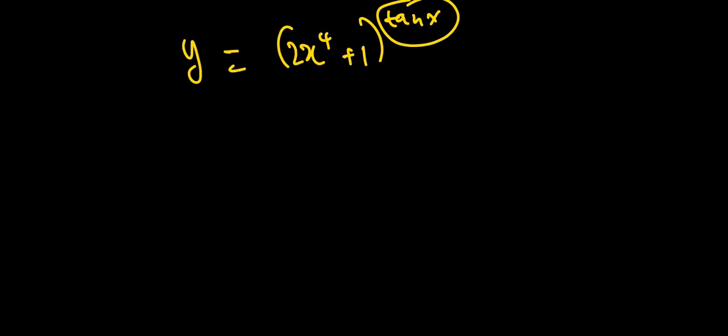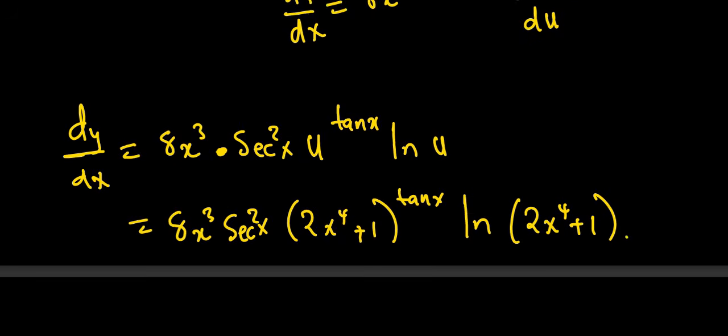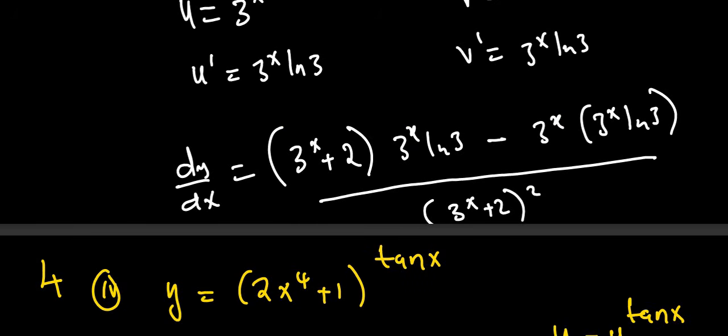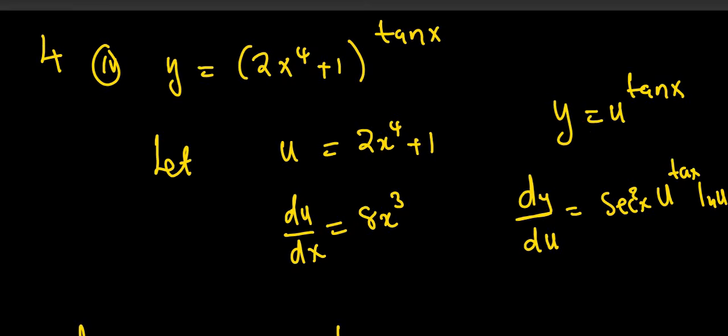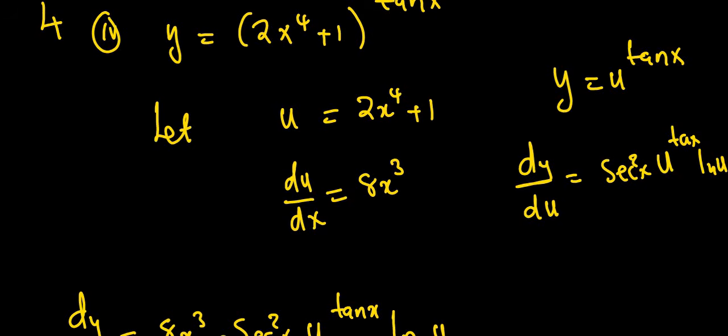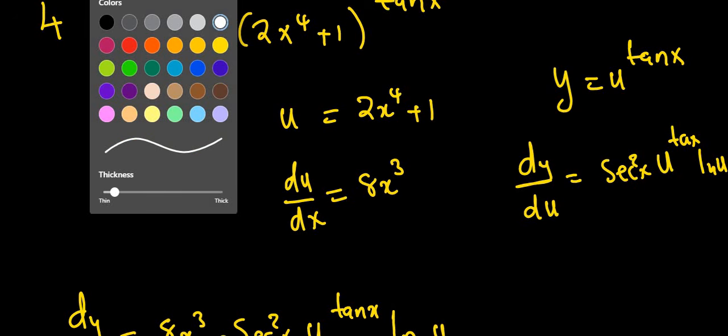You cannot bring the tan down and then differentiate this and write tan x minus 1 as the new power, which is totally wrong. Yeah, so here please take note on how I have manipulated it. Yeah, so we're using chain rule whenever you have a weird power, or whenever an integer power that you cannot evaluate. Yeah, so this is the main reason why chain rule works.